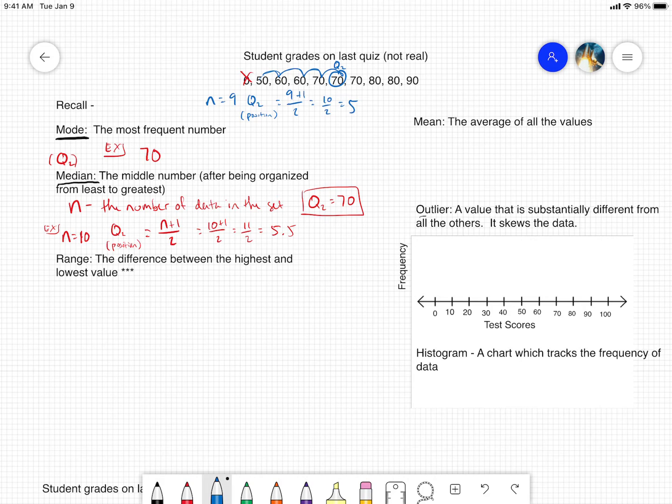You can see that because I have 4 data points over here and 4 data points over here. So if n is odd, our median is always going to be the dead center, and it's going to be part of our data set. But if n is even, so we do include the 0, then we have to find the average.